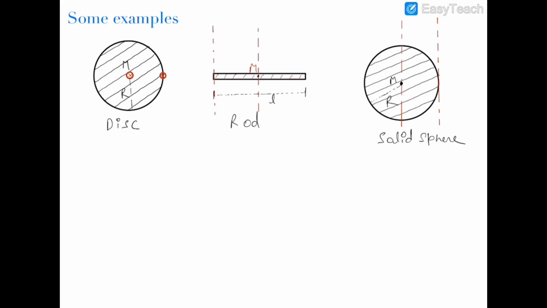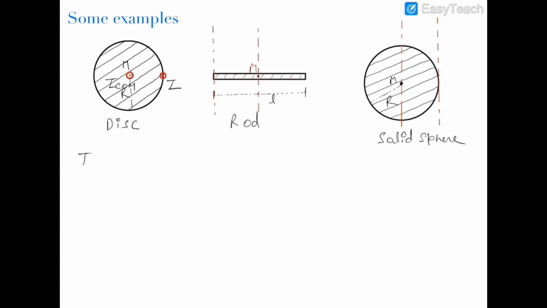So in the first case, you can see that there is a disk, and this disk has an axis which is passing through its periphery. Now we have to find out the moment of inertia about this axis, and we already know the moment of inertia about its center of mass.